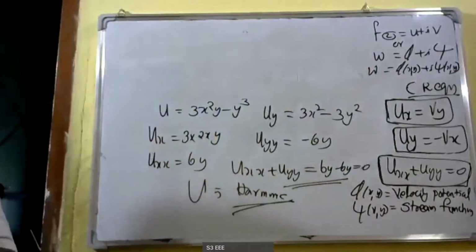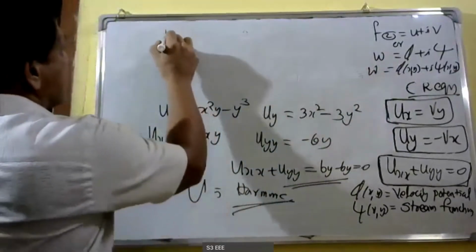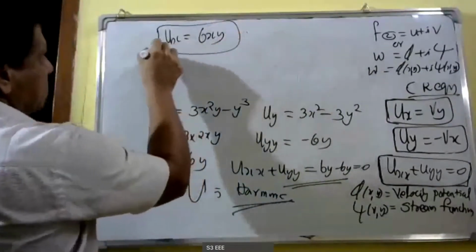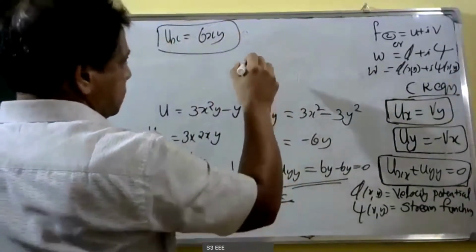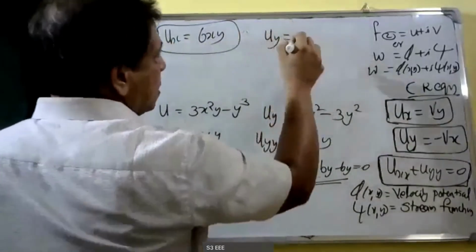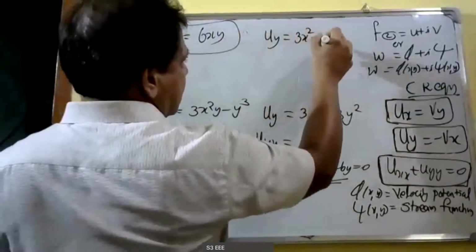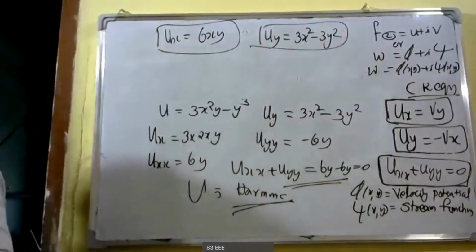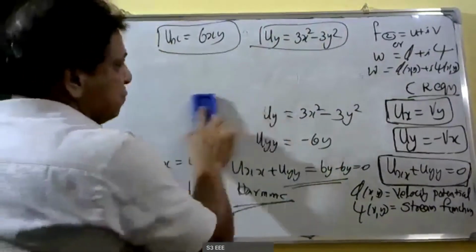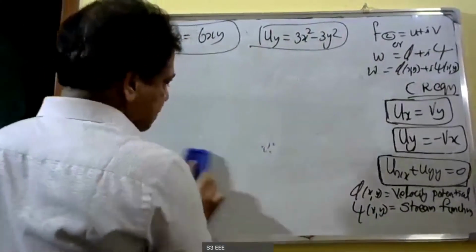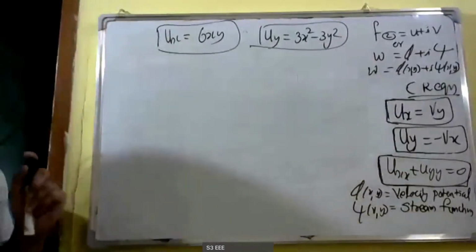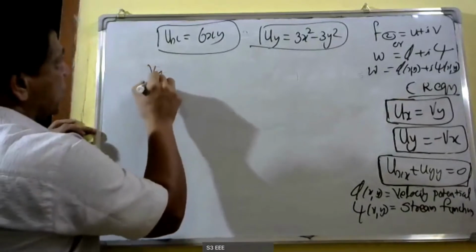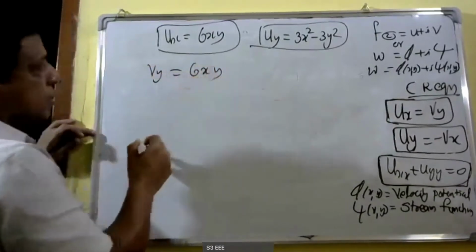Here ux is equal to 6xy, and uy is equal to 3x squared minus 3y squared. Then we take the first Cauchy-Riemann equation, ux is equal to vy. Therefore, vy is equal to 6xy.